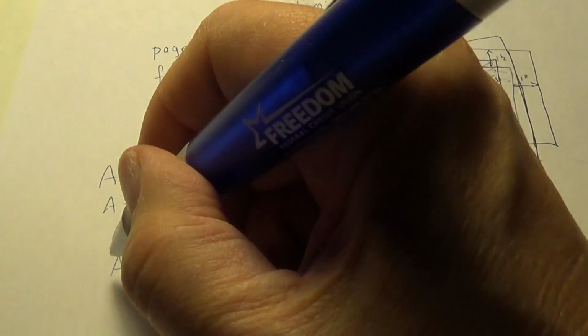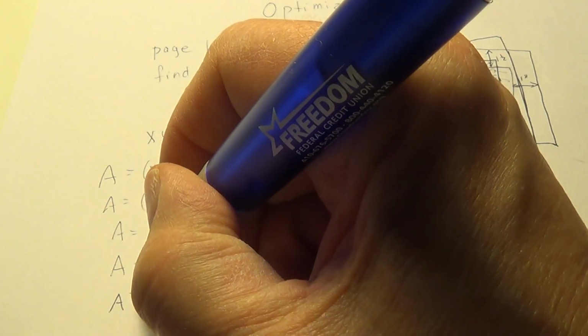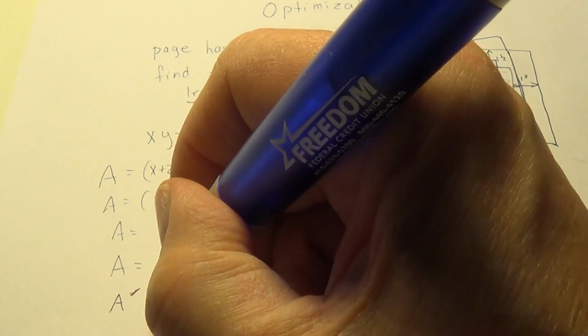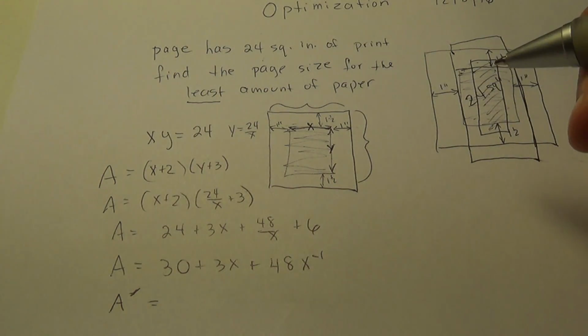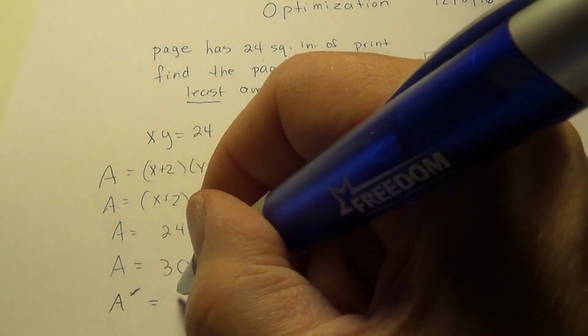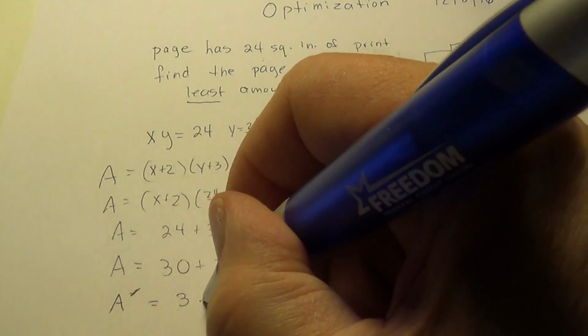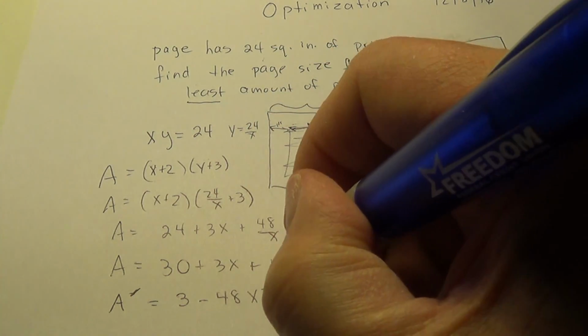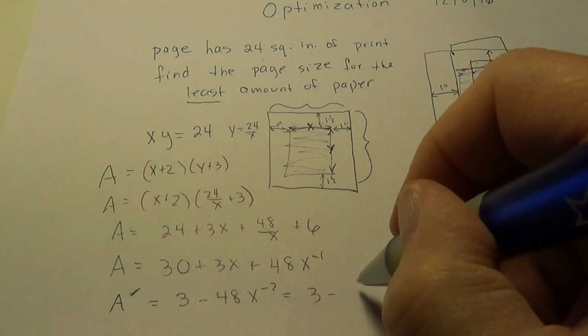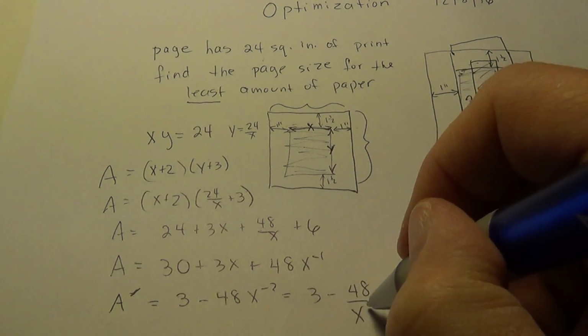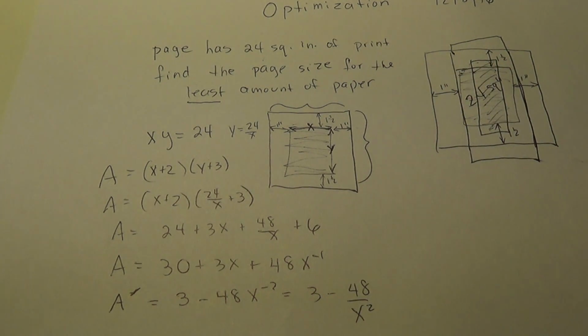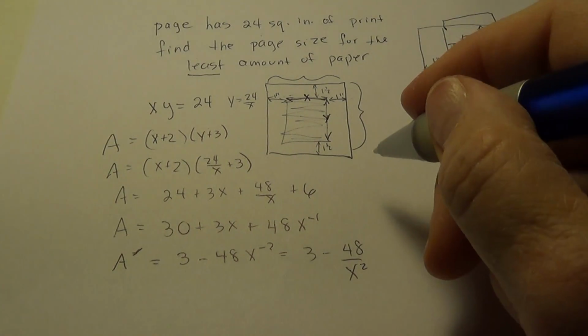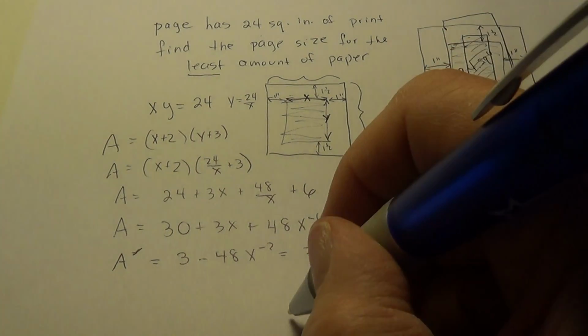So, find the derivative. Sweet, we don't usually have such simple first derivatives lately, so we can relax a little bit. And that is 3 minus 48 over x squared. I'm going to set that equal to 0.